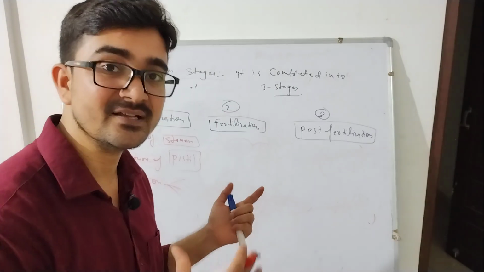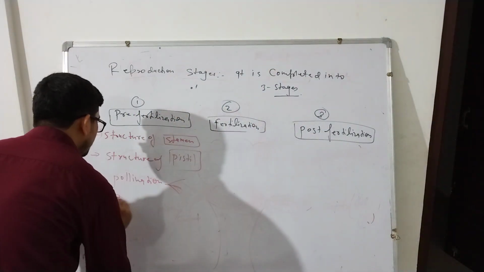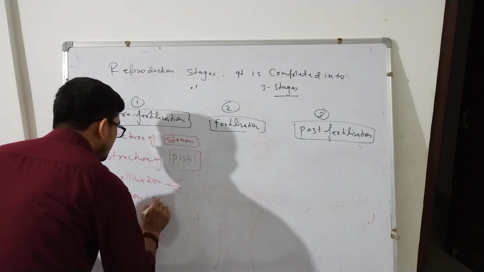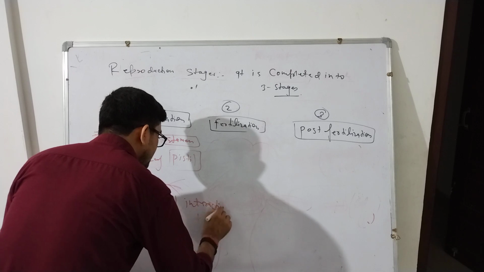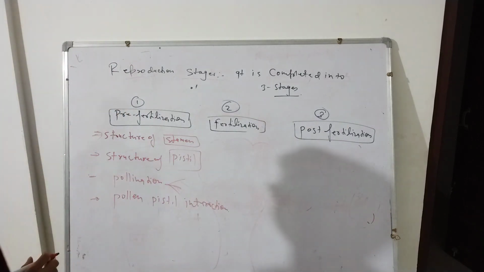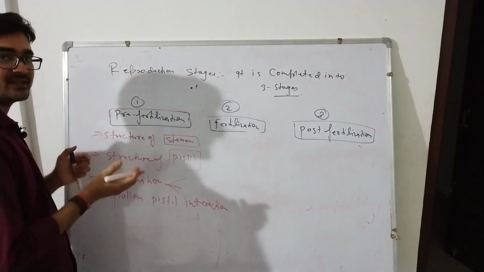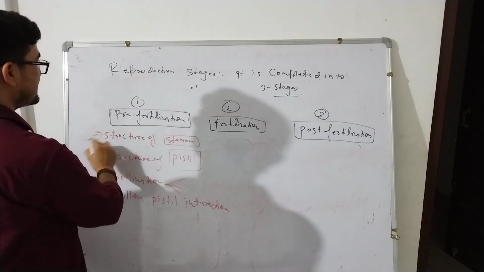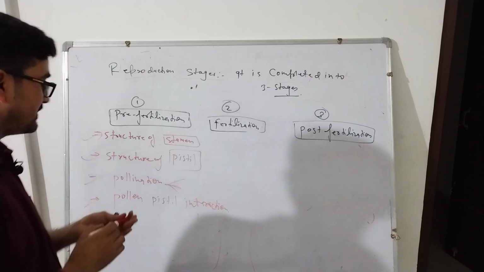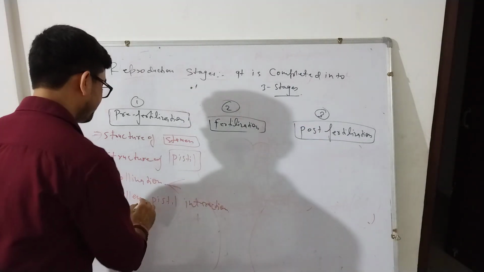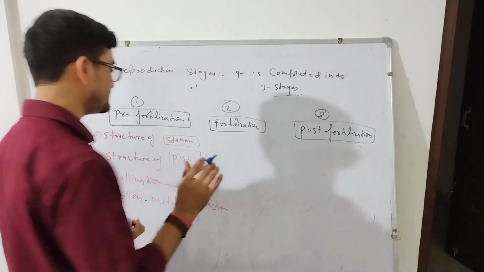There are a lot of chances and case studies we are going to discuss later. So this is pre-fertilization. In the pre-fertilization component we are going to discuss the structure of stamen, the structure of pistil, pollination and pollen-pistil interaction.